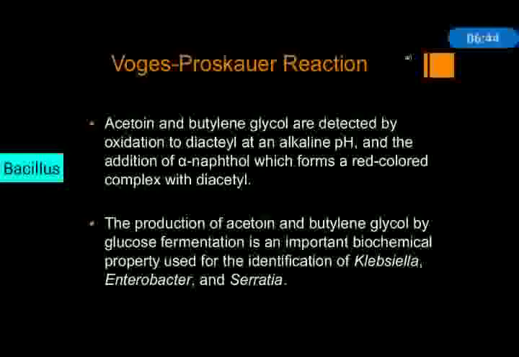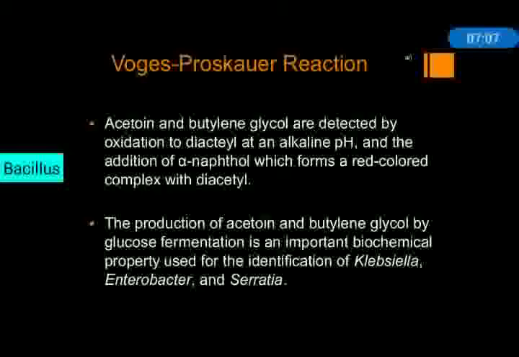Voges-Proskauer reaction. What is the reaction? You can see this: acetoin and butanediol are detected by oxidation to diacetyl at alkaline pH, and the addition of alpha naphthol, which forms the red color complex with the diacetyl.